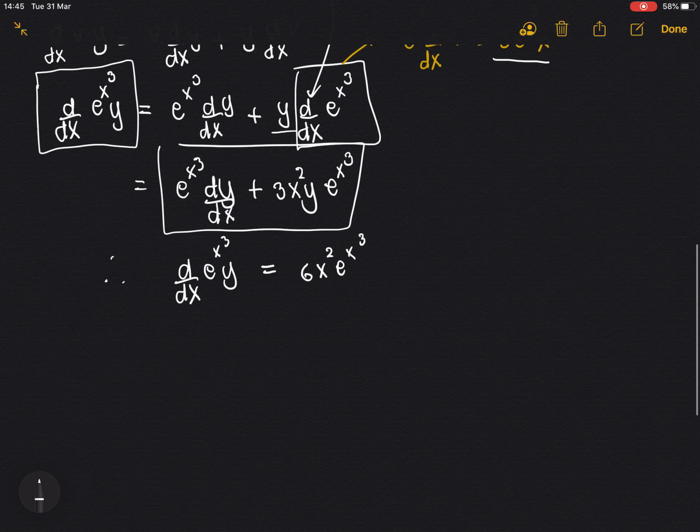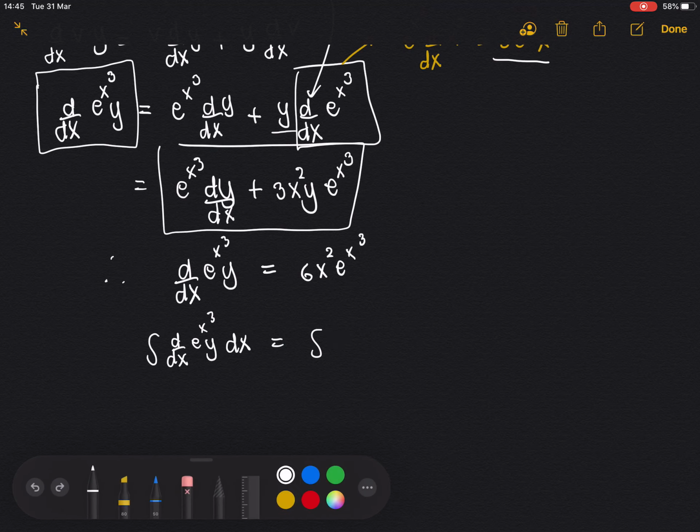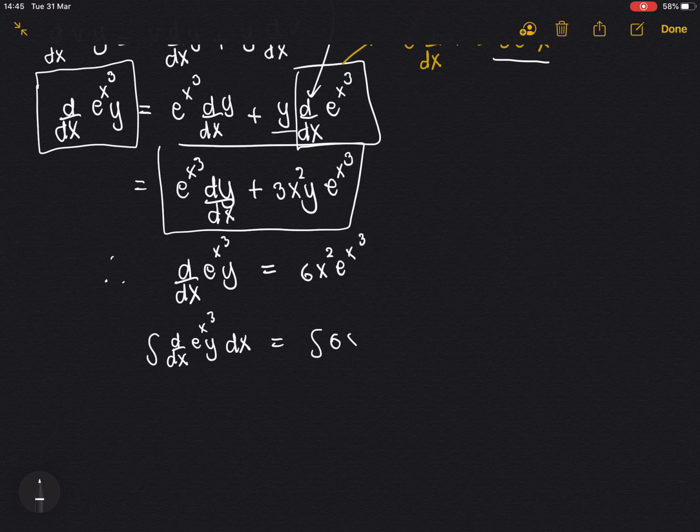So we are done with that step, and the next step is to perform an integration on both sides of the expression, with respect to dx.